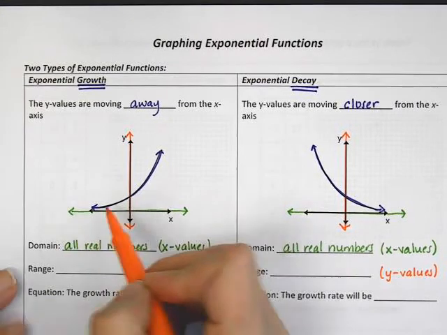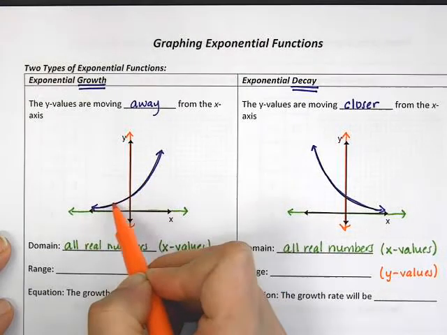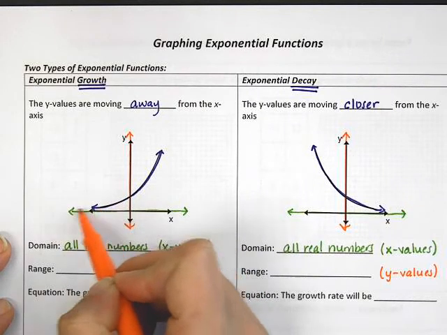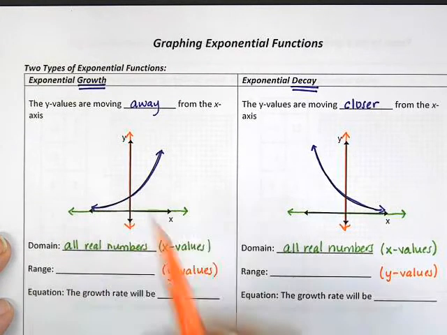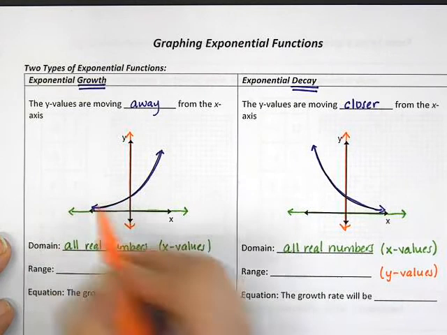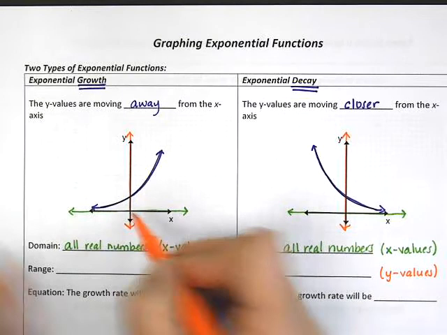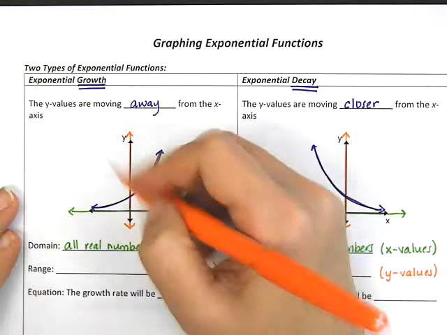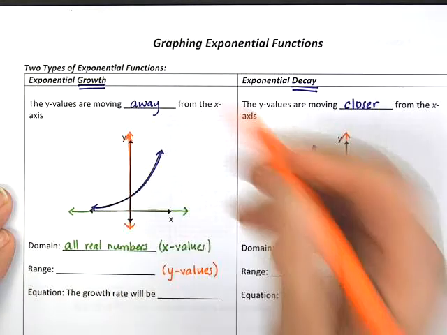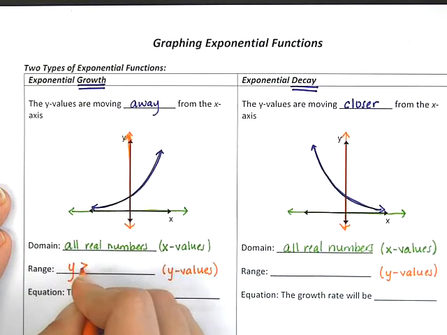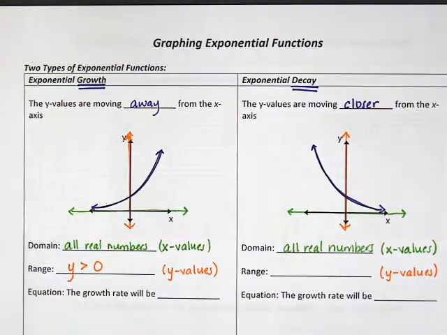For example, in this graph, because this graph gets flatter and flatter and closer to the x-axis, the y values of this graph are always going to be bigger than 0. They're always going to be above the x-axis. They're always going to be positive. So we would say that the range here is that the y values are bigger than 0.